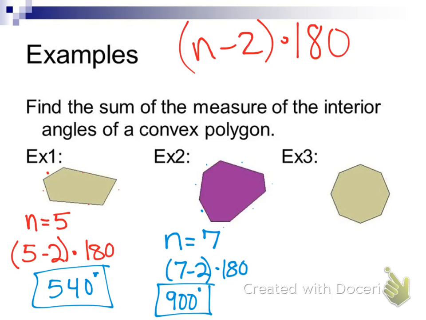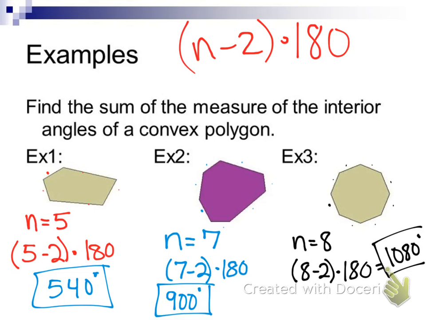All right, number 3, we have 1, 2, 3, 4, 5, 6, 7, 8 sides. So n equals 8. So we need to do 8 minus 2 times 180. Great.